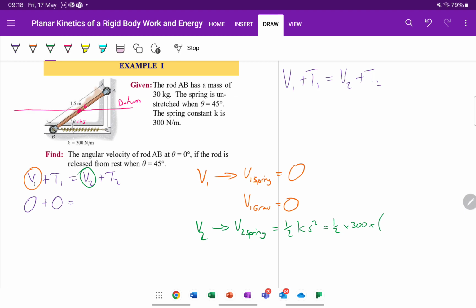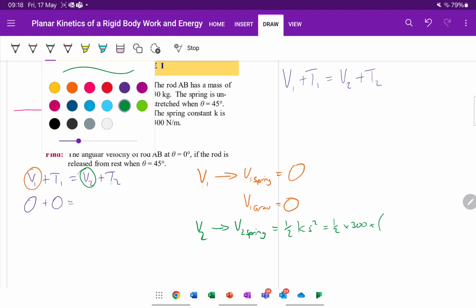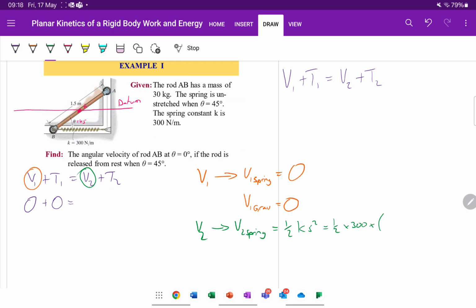When the rod is fully dropped, so A is fully on the ground and theta is 0, B will be 1.5 metres horizontally from A. If I sketch it, A would be there, B would be there, and the difference is 1.5 metres. So the full length of the spring is going to be 1.5 because it's attached where A will land and at B, both ends.